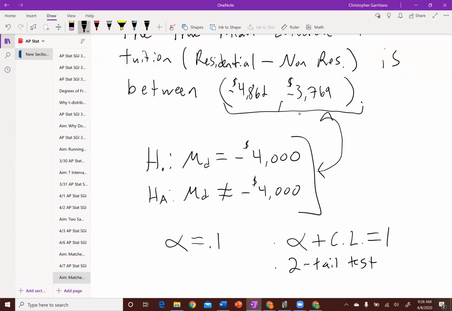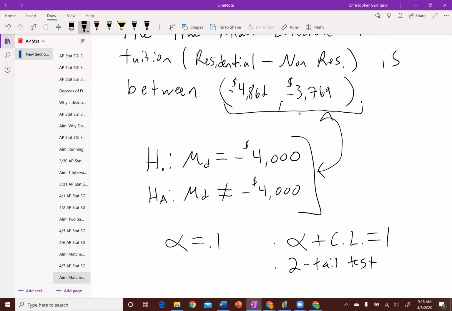If that's the case, then this hypothesis test and this confidence interval will always agree with one another. Notice that this confidence interval includes negative 4,000. So when we run this hypothesis test, we would not be able to reject that null hypothesis. It is feasible, in fact, that mu of D is equal to negative 4,000.